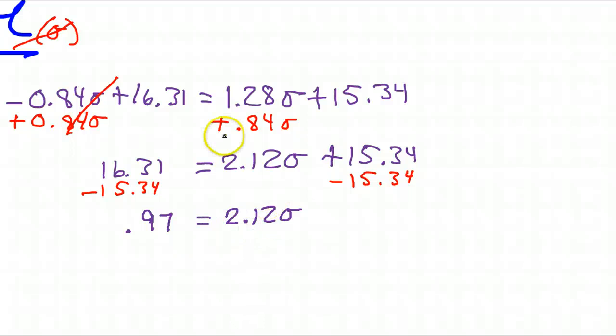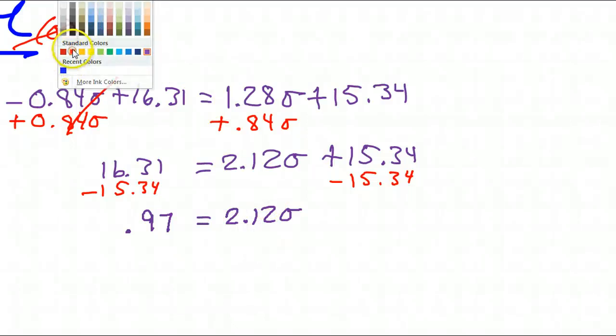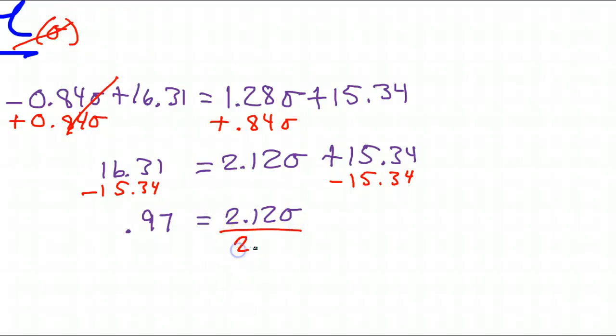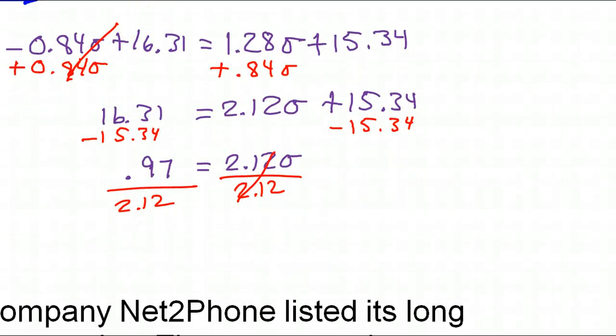Now I'm going to divide both sides by 2.12. So 0.97 divided by 2.12 is giving me 0.45754717.